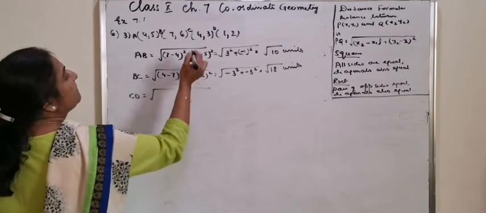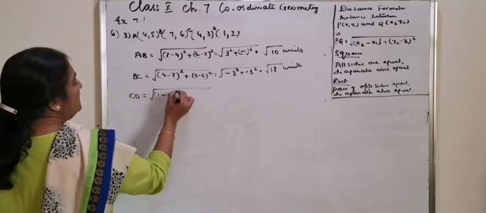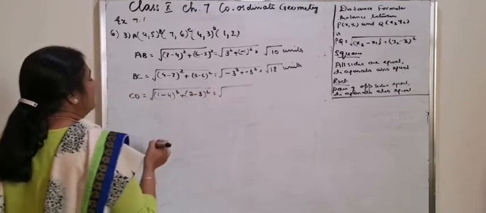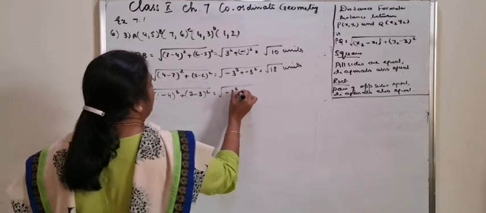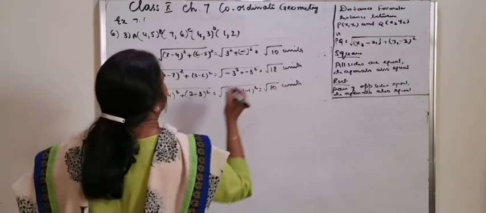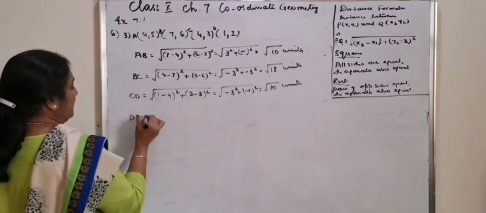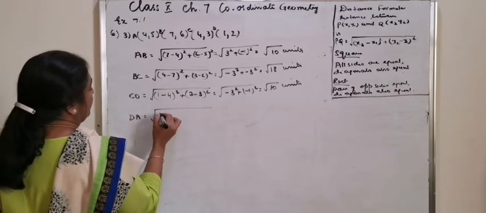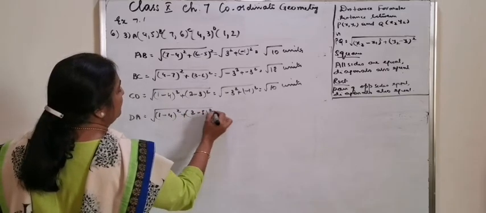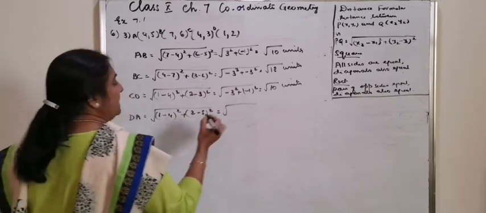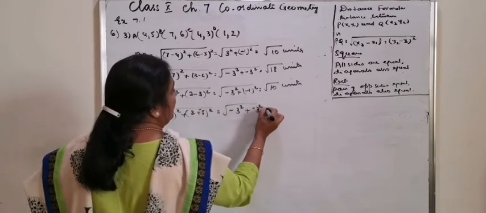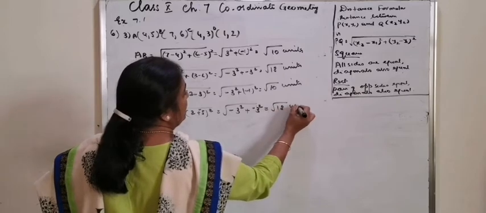CD, (1 minus 4) the whole square plus (2 minus 3) the whole square, minus 3 square plus minus 1 square, root 10 units. DA, (1 minus 4) the whole square plus (2 minus 5) the whole square, minus 3 square plus minus 3 square, which is equal to root 18 units.